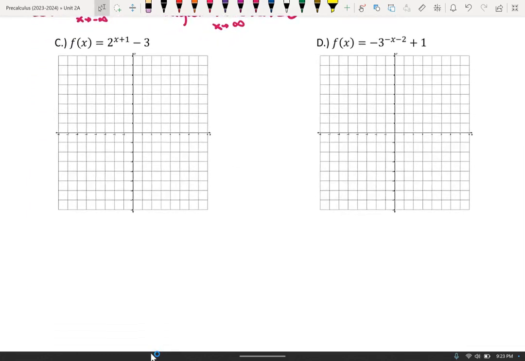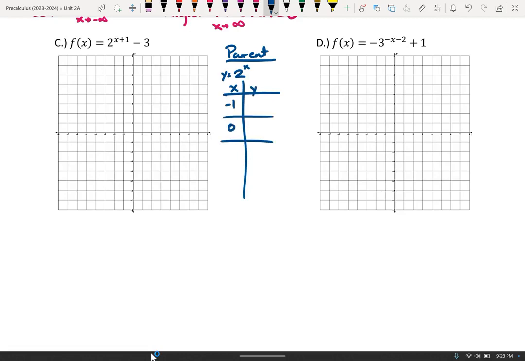All right, in part C, we have our function here. So what is our parent function? Well, our base is 2, and we just raise that to the power. So 2 to the x, y equals 2 to the x. So x and y chart. Go ahead and still use -1, 0, 1, and 2. We did actually already do this one previously. We'll go ahead and do it again. 2 to the -1 would be 1/2. 2 to the 0 is 1. 2 to the first is 2.